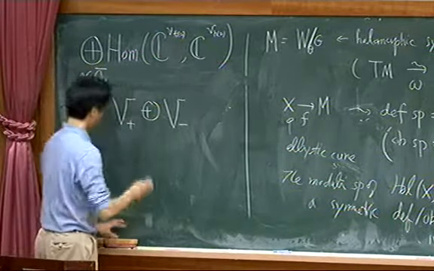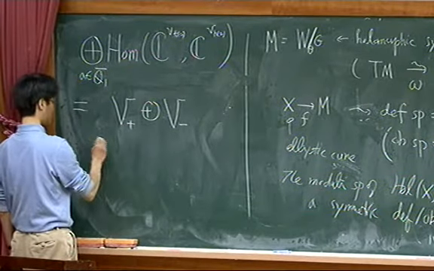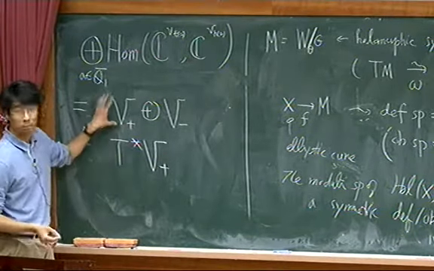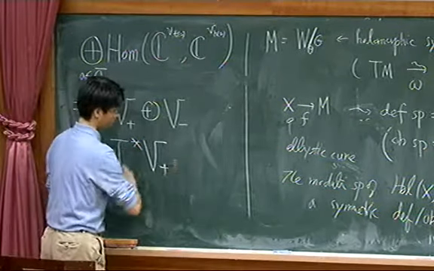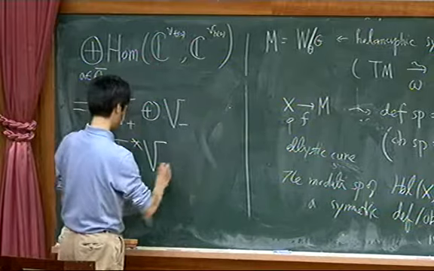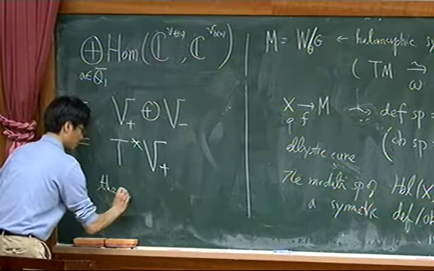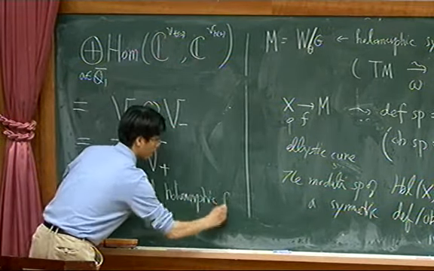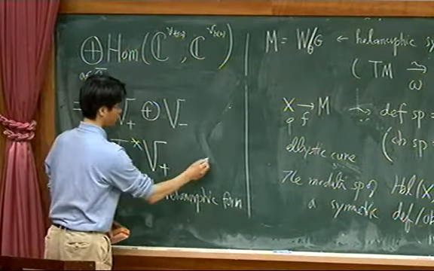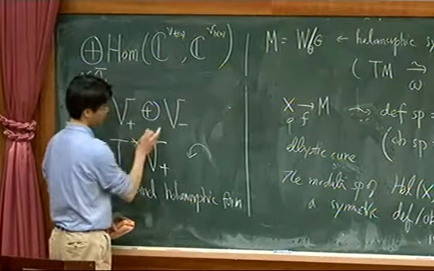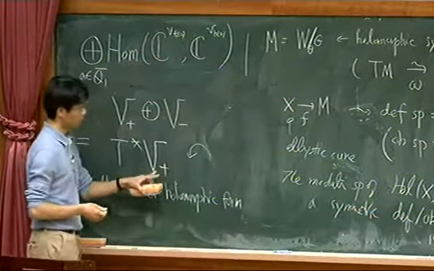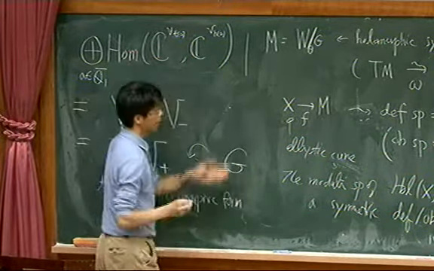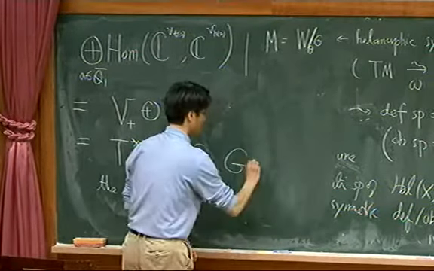So this can be written as the cotangent bundle of V plus, which has a holomorphic symplectic form, the standard one. This vector space also has a Hamiltonian action by a product of general linear groups.